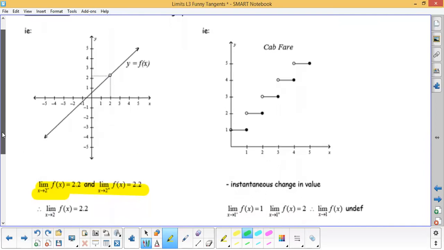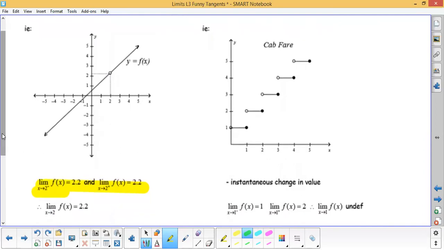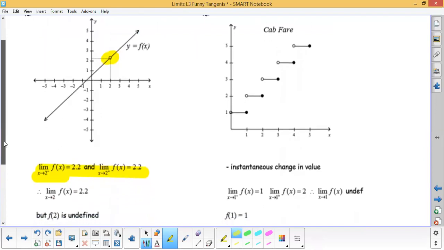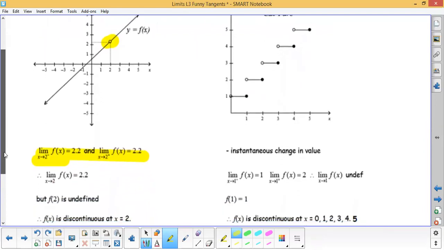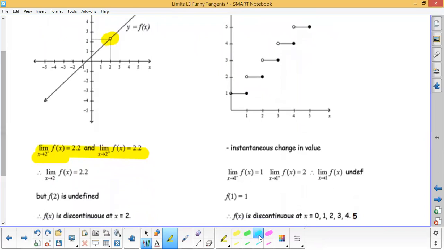You will notice for the example on the left, even though there is a removable discontinuity here, as we are approaching from the left and from the right, the limit of the function has the same value. So even though x is equal to 2, f of 2 is undefined, and the function is discontinuous at x is equal to 2, the limit still exists.